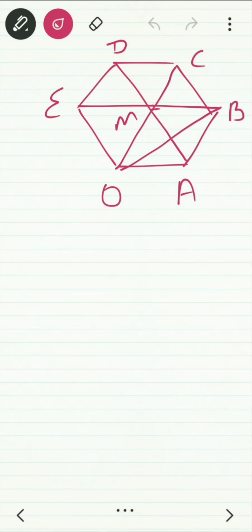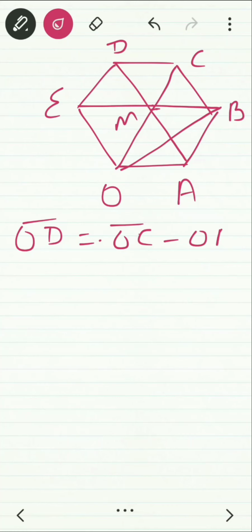So thus we have OD bar is equal to OC minus OA. Substituting the value DC as OA, we have OC bar minus OA bar. Now OC we had already found. It was 2B minus 2A, isn't it?